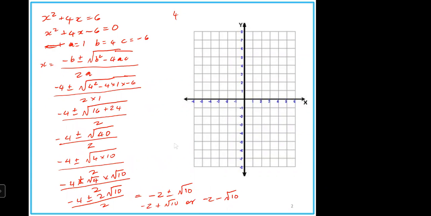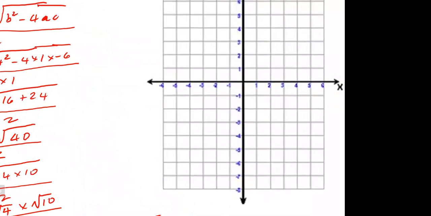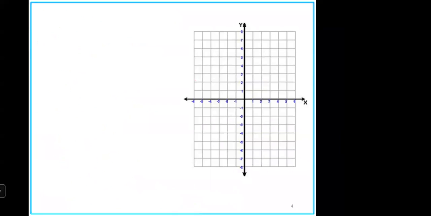Okay, what's going on? So now the next one was a word problem. Okay, so that word problem, let's see what it said. That was page, what's that again?